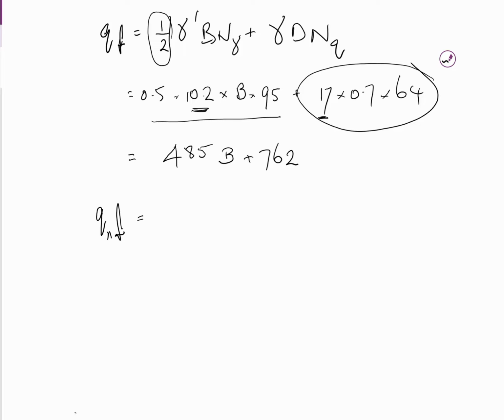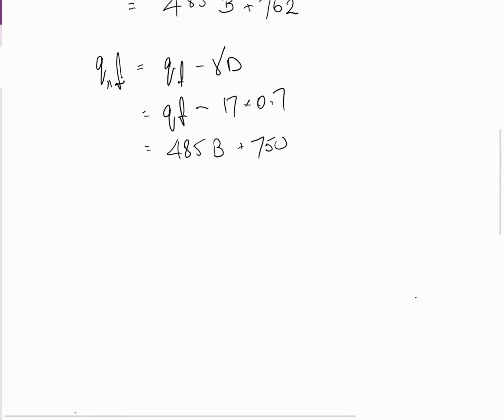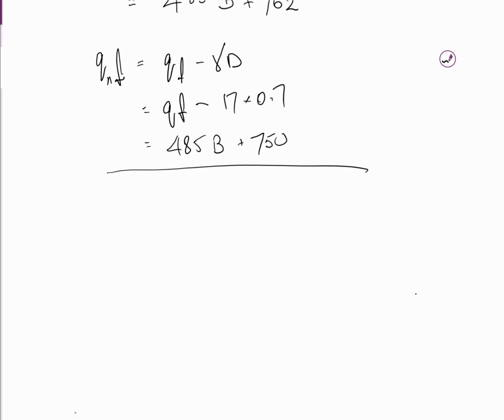We need to remove that overburden stress for the material that was excavated, and that equals QF minus the overburden pressure gamma D, which equals QF minus 17 by 0.7, which equals 485B plus 750. So now that's the net strength at the underside of the footing.